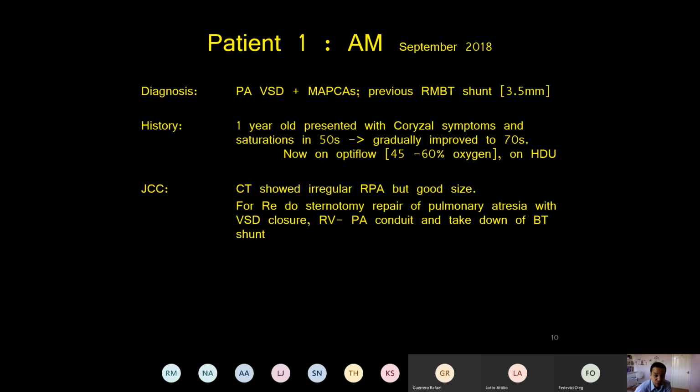They have gradually improved to the 70s, and she's now settled on Optiflow on HDU, but she has a pretty significant oxygen requirement. She had further investigations, a CT, which showed an irregular RPA, but good size. So the plan is to go ahead with a full repair: VSD closure, RVOT patch, and take down of the BT shunt.